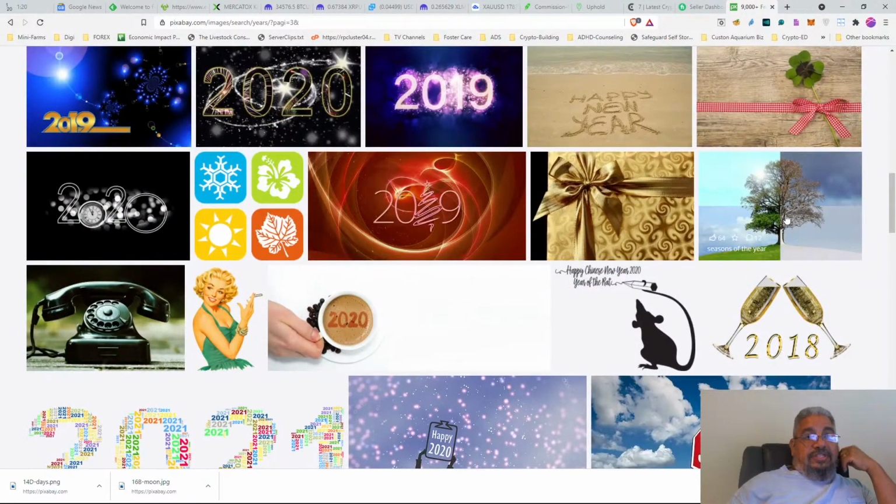For example, this is good for like the 4 seasons. This graphic here itself. I do have a graphic for 4 seasons, which is more of a cartoonish, like this. I have something like this, but this is much better.